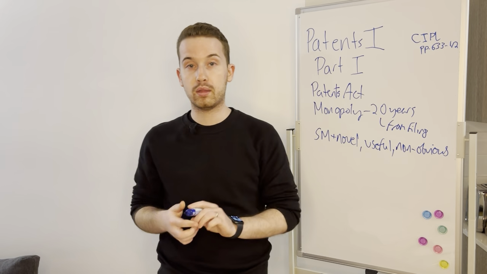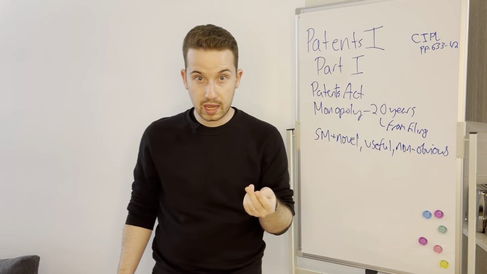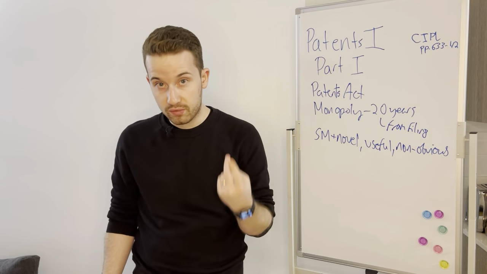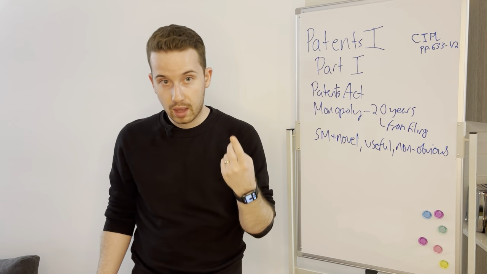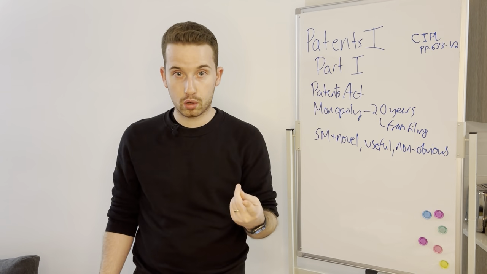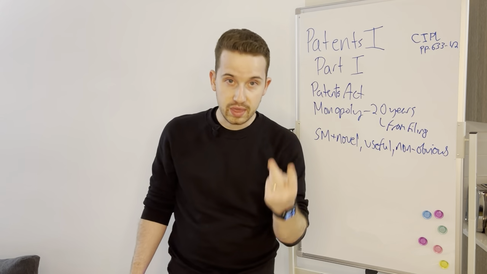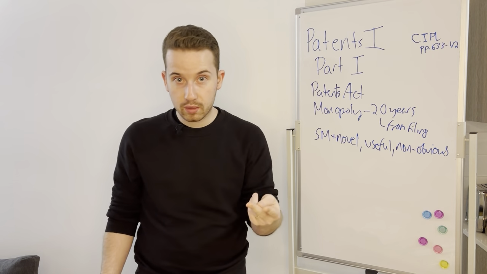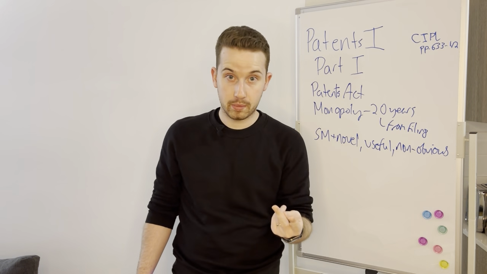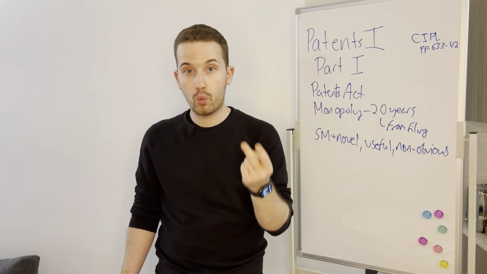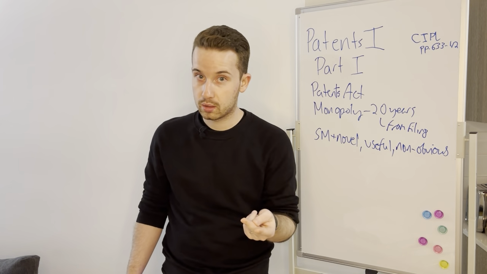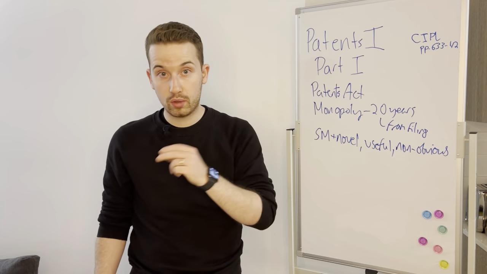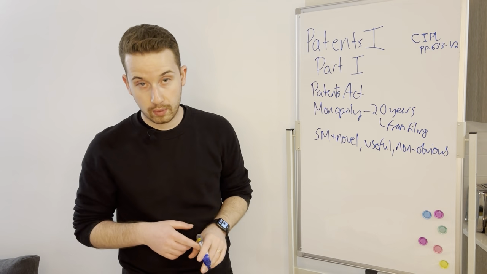So the government's going to look at two things, as we'll see. The government's going to look at what your invention is: the plans, how it's made, what it is, how it works. And then the government is going to look at what we call the promise of the patent, or the claim. The government's going to look at what you say it does. And that, to a certain extent, is going to be protected.